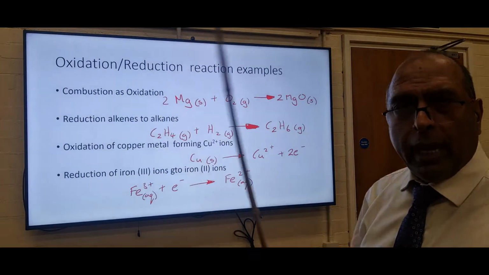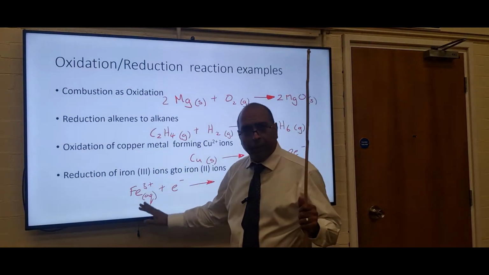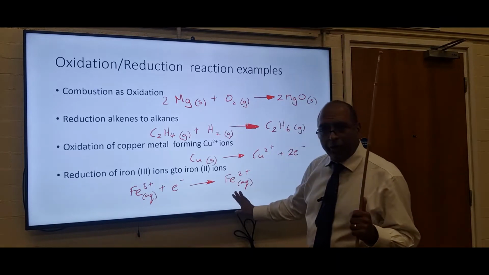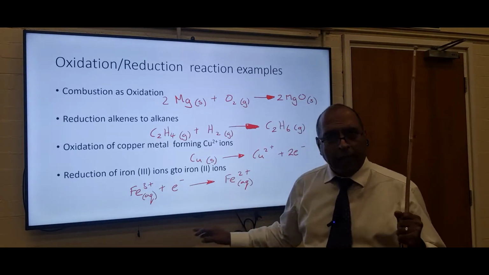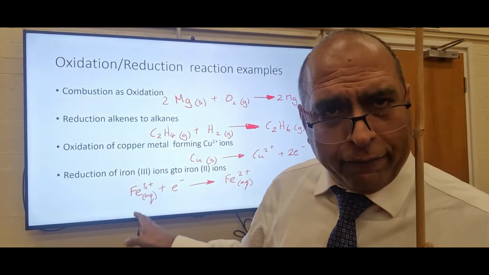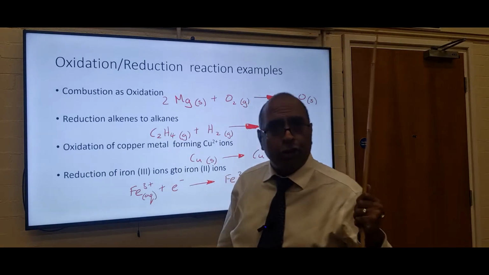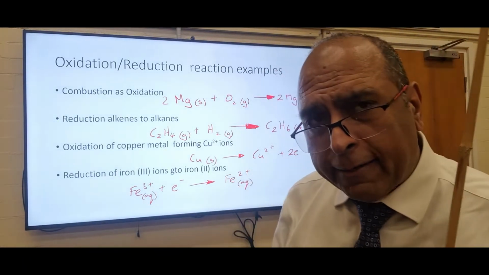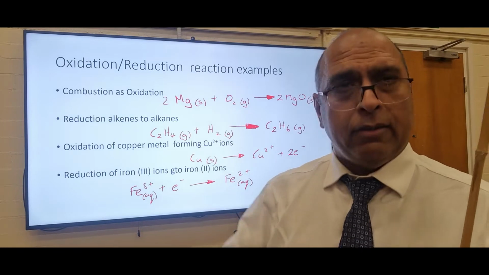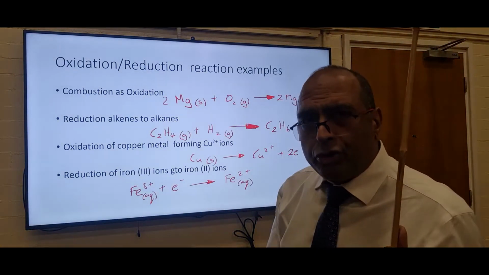Reduction. Now, how about gain of electrons? Well, iron 3 ions can pick up an electron and make iron 2 ions. And the gain of an electron is reduction. And again, that's only half a story. Those electrons have got to have come from somewhere. And wherever they've come from, that has been oxidized. So that's only the reduction bit.